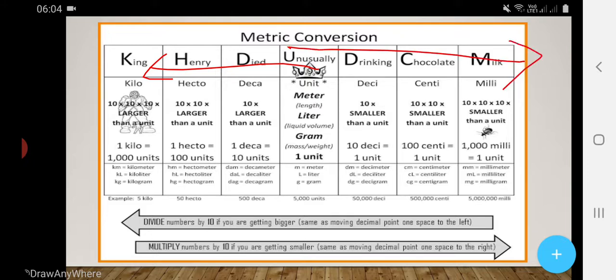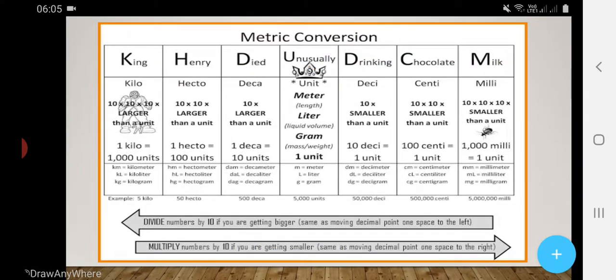The right hand side means smaller than a unit. And how many larger and how many smaller? This determines the count of jumps. 1 jump means 10 times, 2 jumps means 10 into 10 times, 3 jumps means 10 into 10 into 10 times, that is 1000 times.